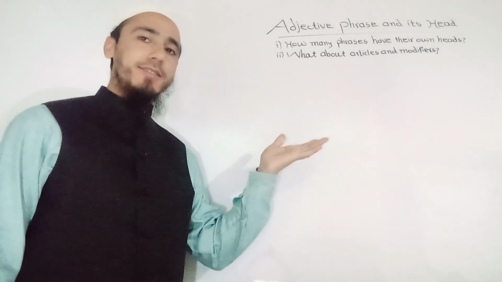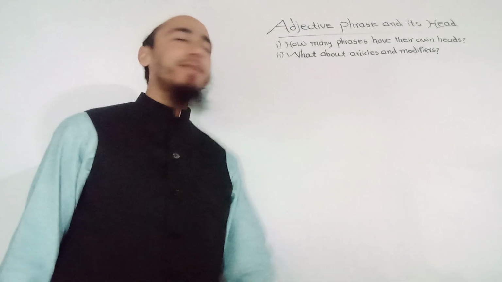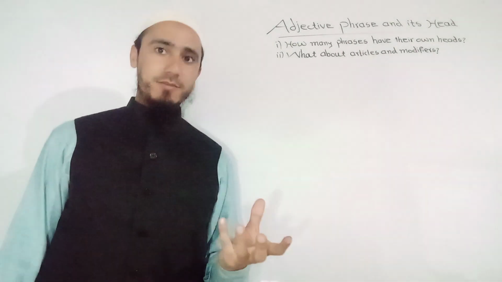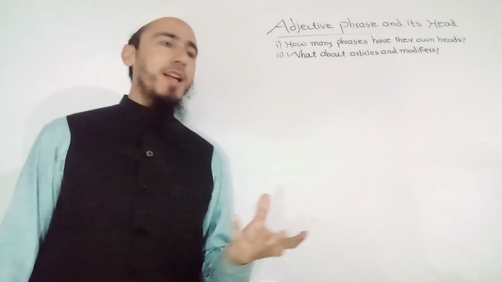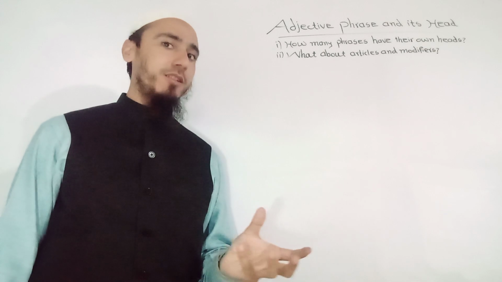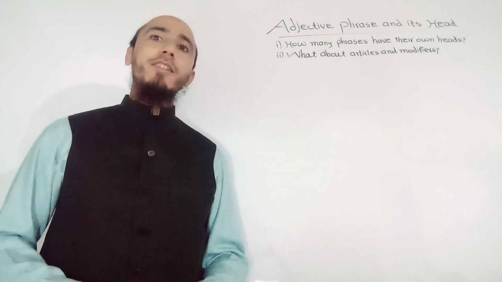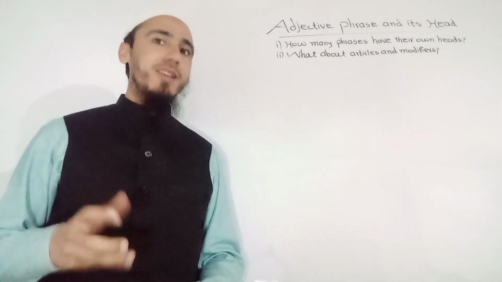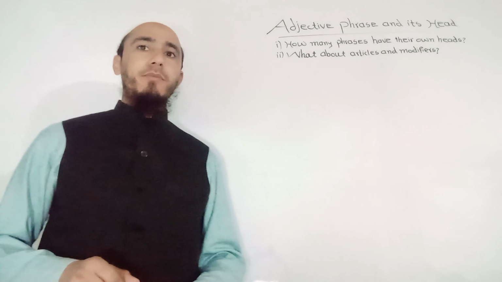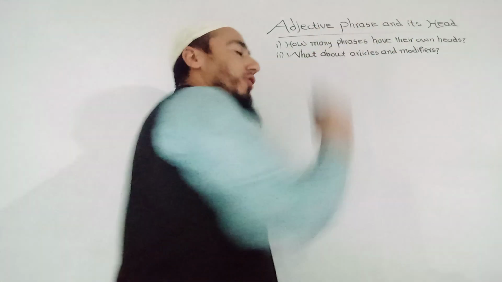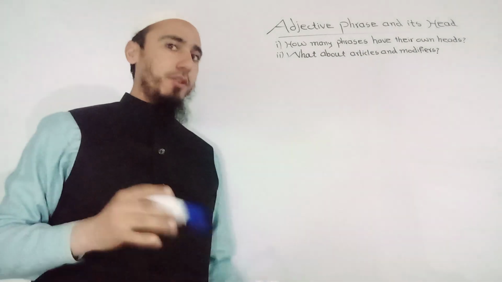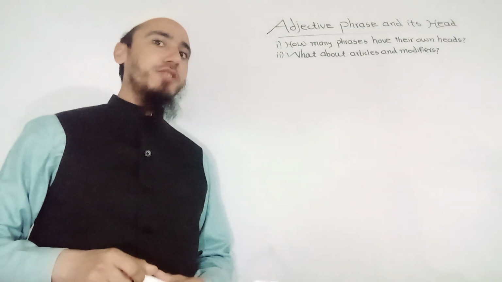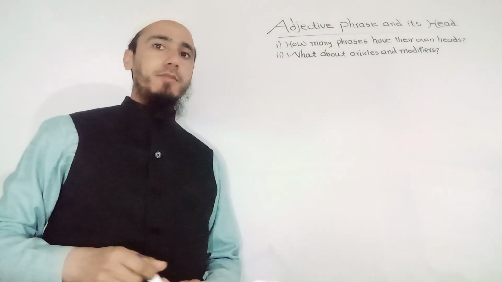Now, listeners and audience, come to the main topic, that is adjective phrase has its own head. First of all, I am going to share it theoretically, and after that with syntax, I mean with tree diagram. Whenever we are talking about adjective phrase, adjective phrase also contains its own head.